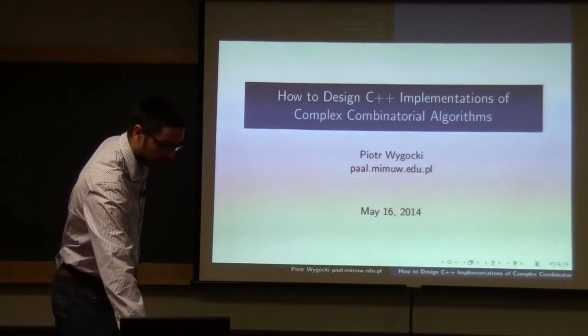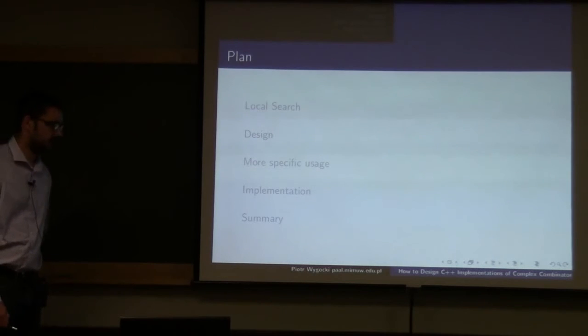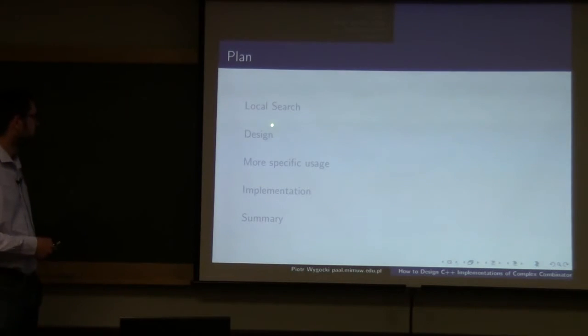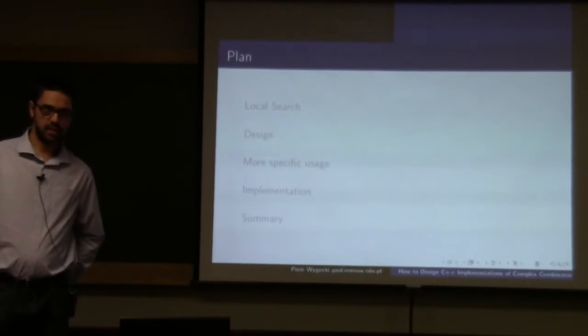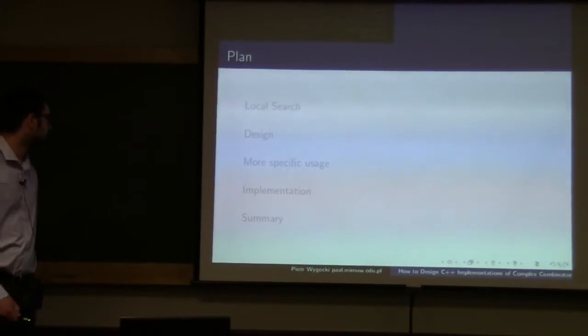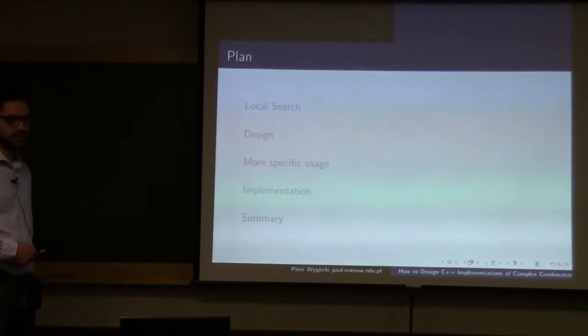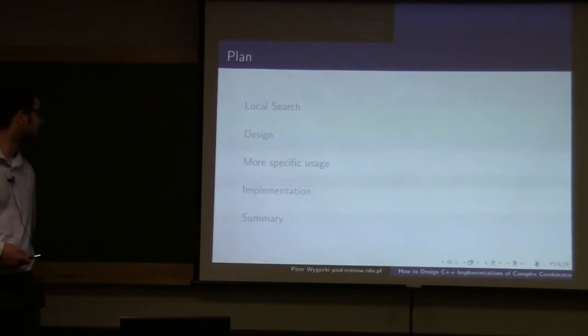Okay, so this is the outline of the talk. First I'm going to introduce you to local search. It is actually crucial to understand this because later on we are going to discuss the design decisions, and they are of course implied by the model used. So this is going to be easy and it's important to understand it.